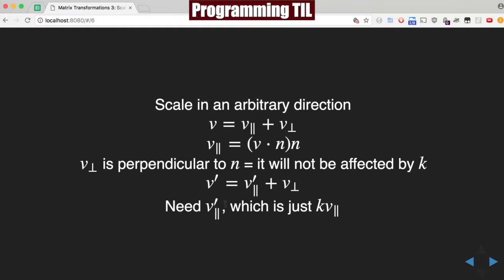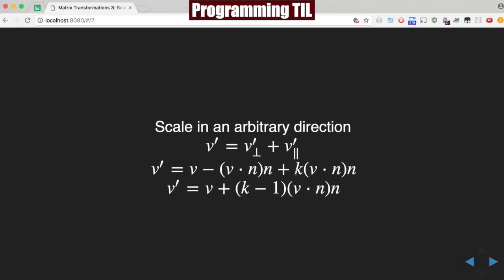We just need to compute v prime parallel, which is just k times v parallel. So moving right along, if we're going to compute this in terms of v prime, we're just going to go ahead and replace each of these values, which we already know, with their respective values for v prime perpendicular and v prime parallel.